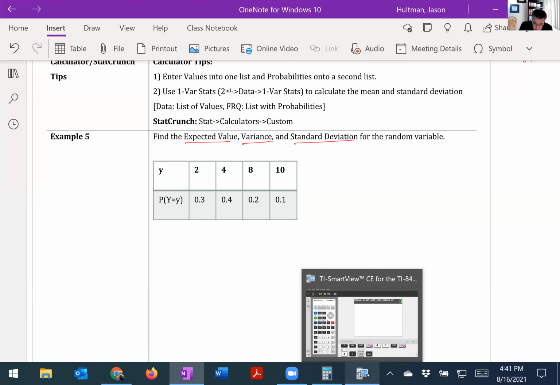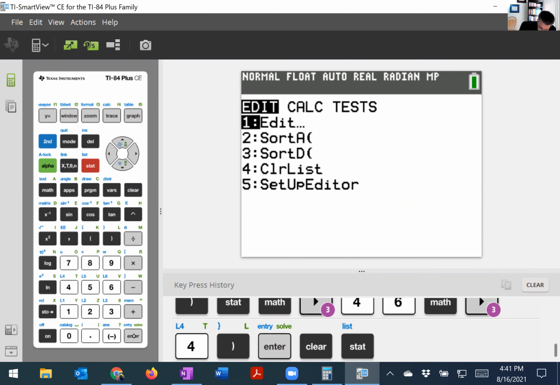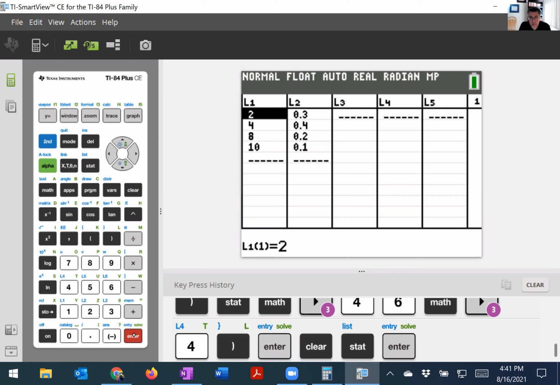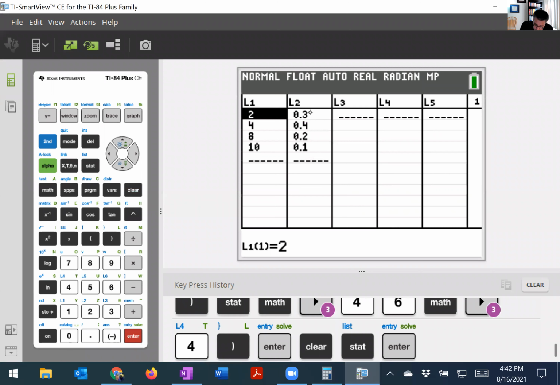So on the calculator, let's go to the calculator real quick. I have 2 lists programmed in here. I have L1, which is my X values, 2, 4, 8, and 10. And then I have my probabilities for each of those values, 0.3, 0.4, 0.2, and 0.1.